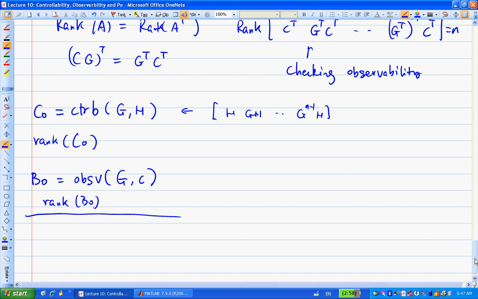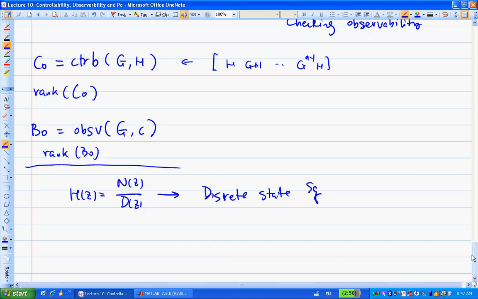Let's say we have H of z equal to a numerator over a denominator. Then we end up with a discrete state equation. And you can derive different forms: control canonical, observable canonical, or diagonal, or any other form.